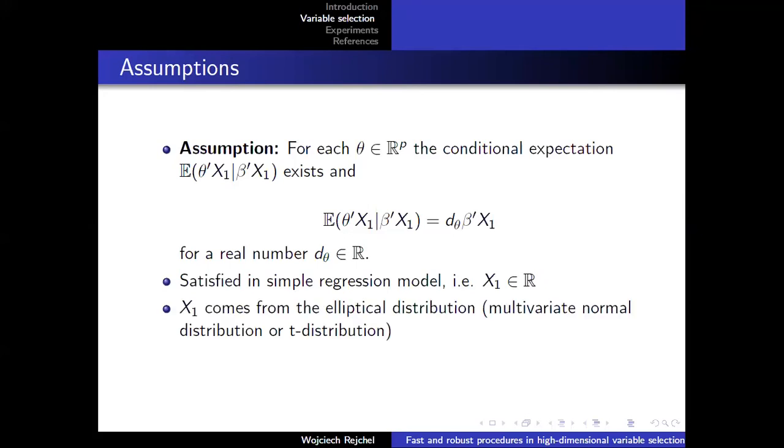But you can also prove that this condition is satisfied when you work with quite a large family of distributions called elliptical. For instance, the multivariate normal distribution is in this class, and all t distributions are in this class. So this condition is satisfied in such cases when your predictors are sufficiently regular.